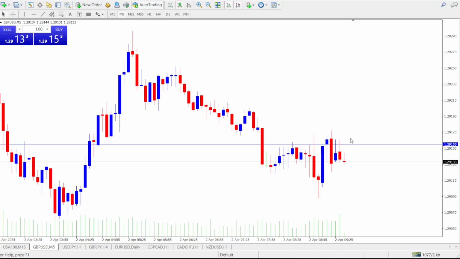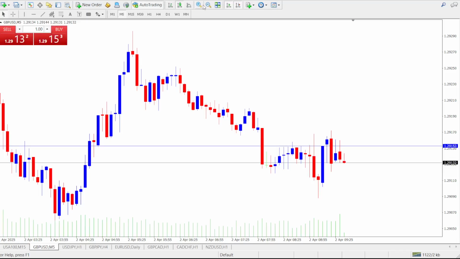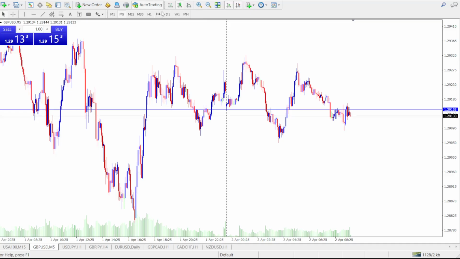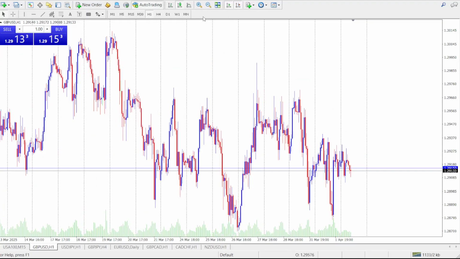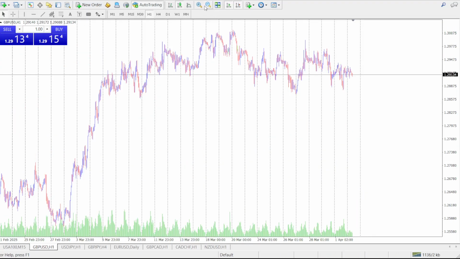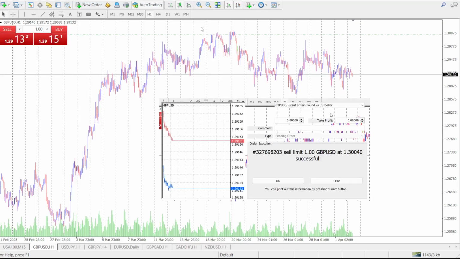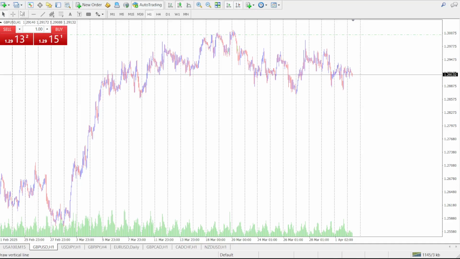The grid trading strategy is basically a method where traders set up multiple buy and sell orders at specific price levels. For example, given certain conditions, perhaps I have done my analysis and then I decide to set up a sell limit order around here, and then a sell stop order around here.